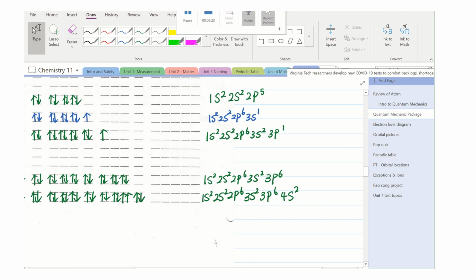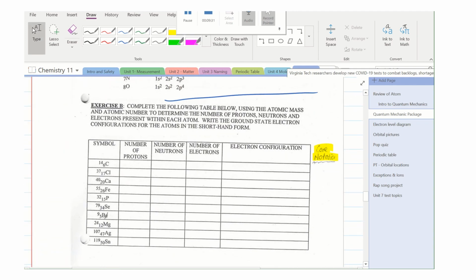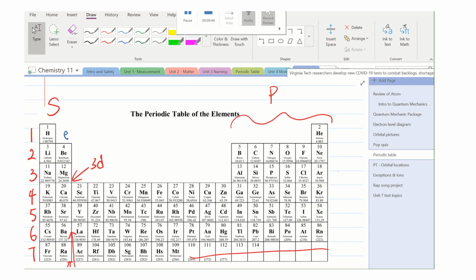And you don't want to keep writing all the way to the 7th orbital. So now I just want to teach you the quick way of telling yourself what the electron configuration is for any of the elements on the periodic table.